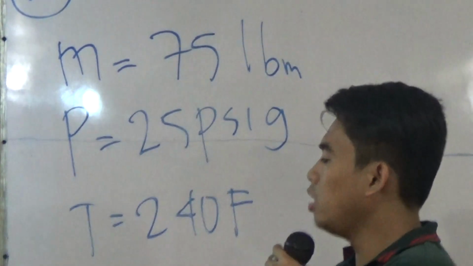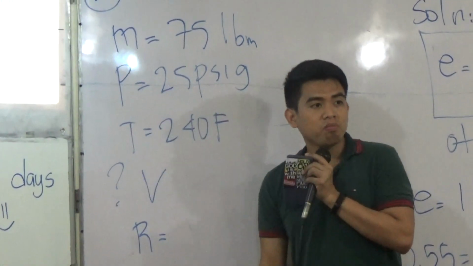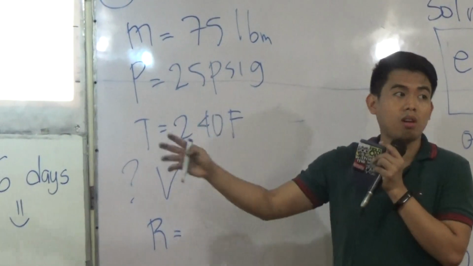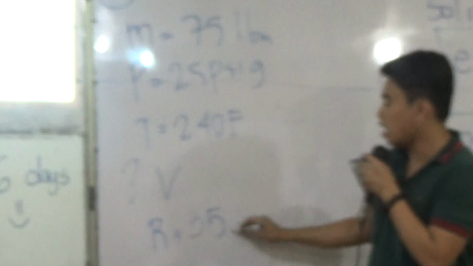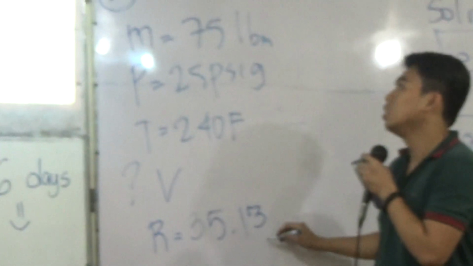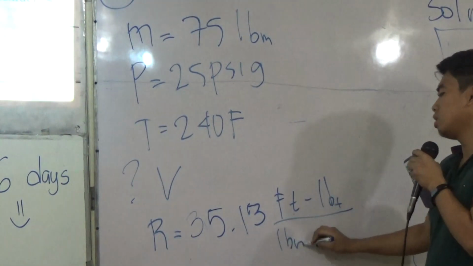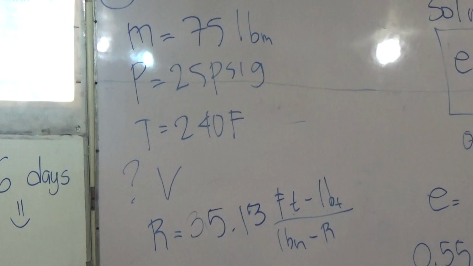Required, calculate for the volume if R, ay mabait yung tanong eh. Dapat hindi given yung R kasi nasa-solve yung R bar. Pero yung tanong na to, mabait, binigay na. So wala na tayong kukumpitin na R. Given na. 35.13 foot pound force per pound mass Rankine. So, tinatanong yung volume.